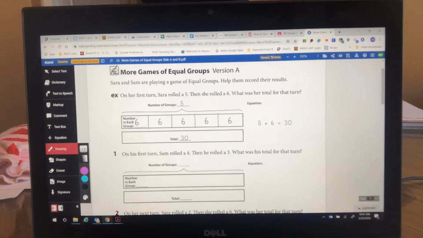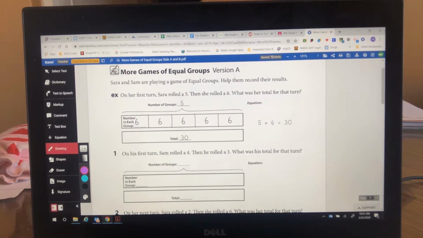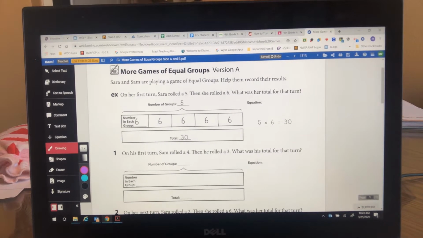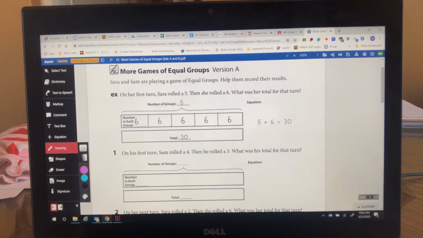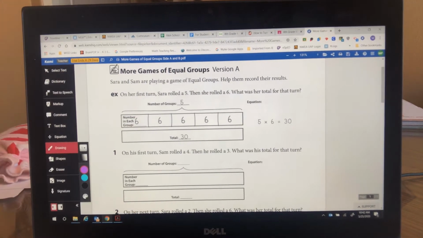Good morning, students. Today we are going to complete an assignment and you get to be my guinea pigs in using a new tool that I mentioned to your parents yesterday in an email called Kami. What it does is it allows me to put our assignments online, and it gives you some tools over here for marking on your paper.